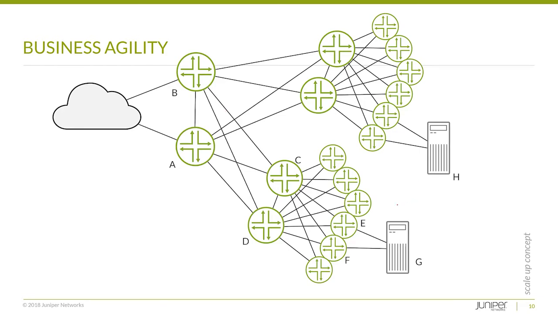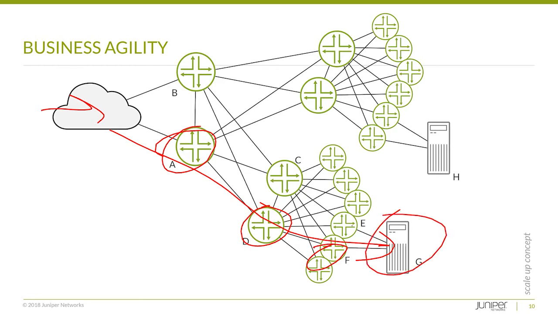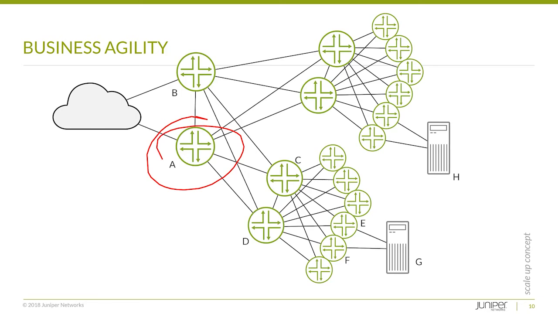So what I do here is, let's say I have a bunch of information flowing out of this internet connection or out of the network core down to server G. As the application becomes more popular or more heavily used, what I need to do is scale up the network by increasing the bandwidth and the capability of each one of these devices along the way. So this is basically a scale-up model, because what I'm doing is increasing the scale of individual appliances along the way to make it larger.